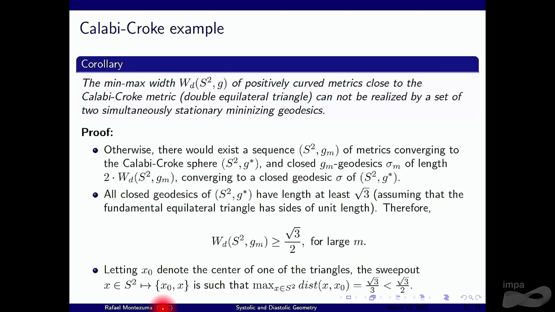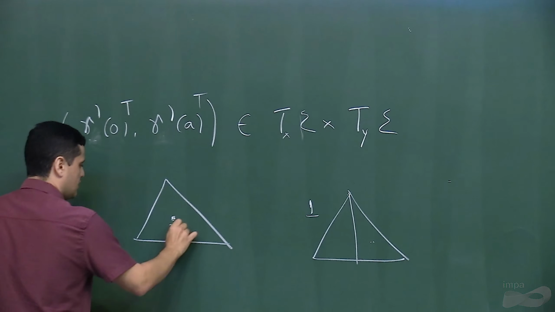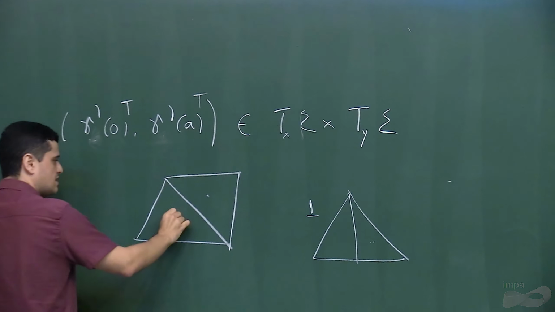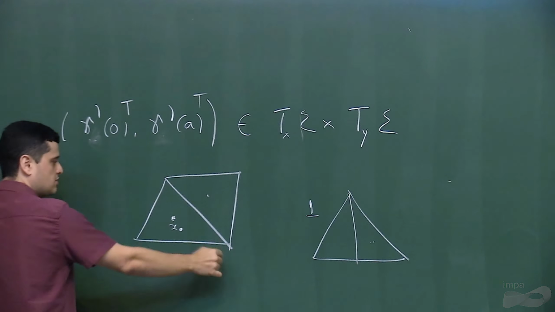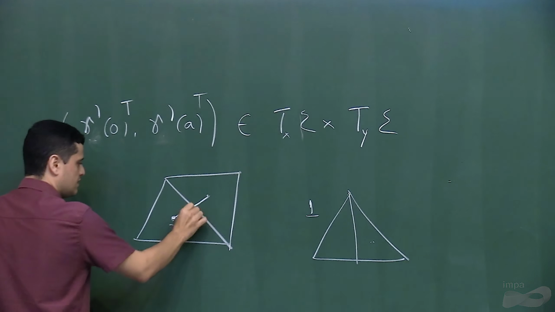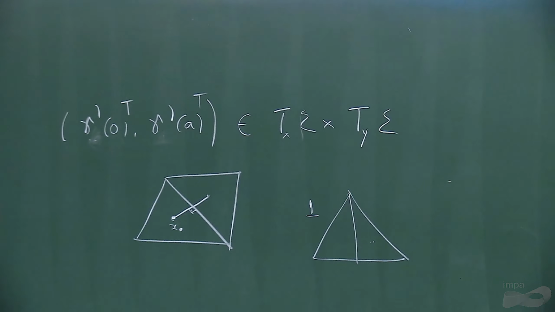The maximum distance here is square root of 3 divided by 3, which is strictly lower than the estimate you get using closed geodesics. It's simple to see this maximum. This is x0, and this is the other triangle, which is glued together along the side here. The maximum distance is exactly the length of this segment here.